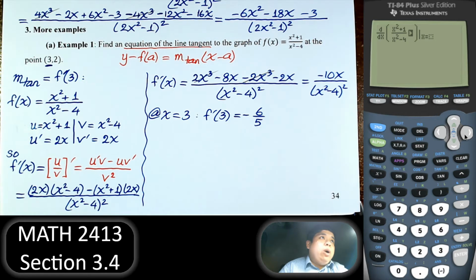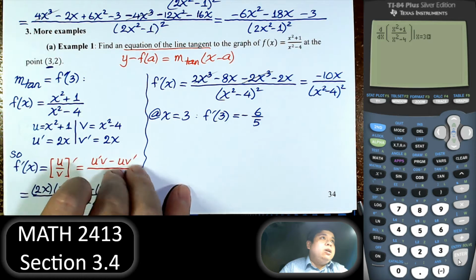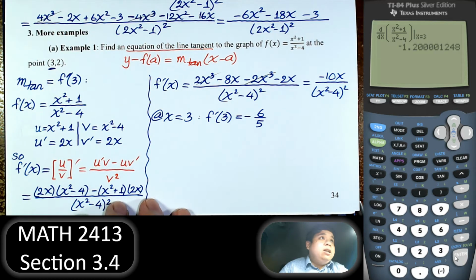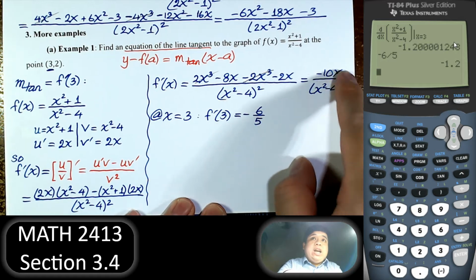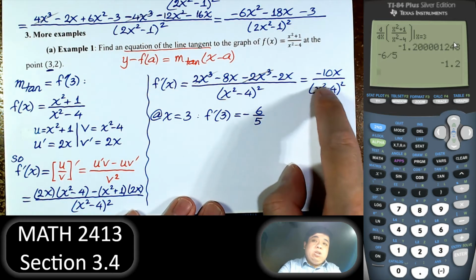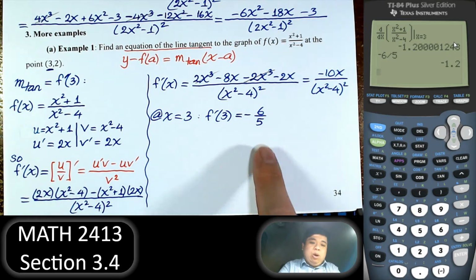We will evaluate when x equals 3. And we have that. And negative 6 divided by 5 is negative 1.2, so of course that number is numerical error. Like I said, the calculator can only estimate the answer. It cannot calculate the derivative exactly. So we just do the estimate, which is close to what we have here.